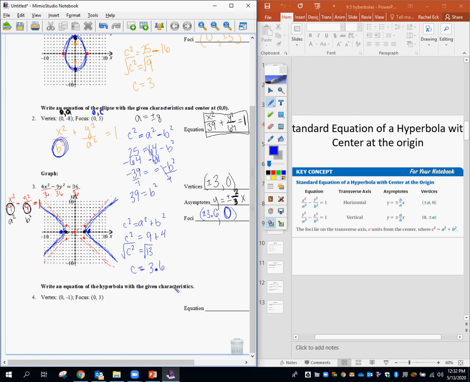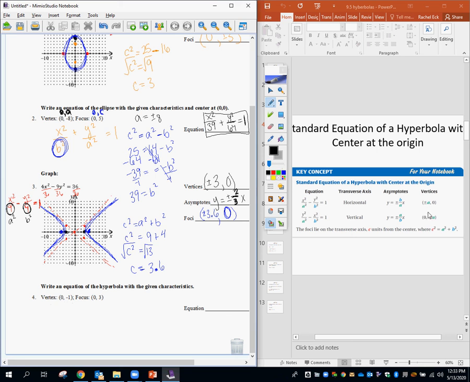And the last one, write an equation of the hyperbola with these characteristics. A vertex at 0, -1, and a focus at 0, 3. So again, we have two options for equations. The vertex tells us a lot about our hyperbola. So 0, -1.